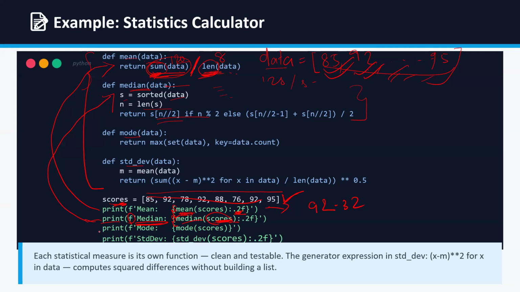Again mode: how to check the mode? Here we are doing return max of this. So we find the standard deviation. This is how more functions are defined, and this is how we call different functions. Any doubts? No, ma'am.